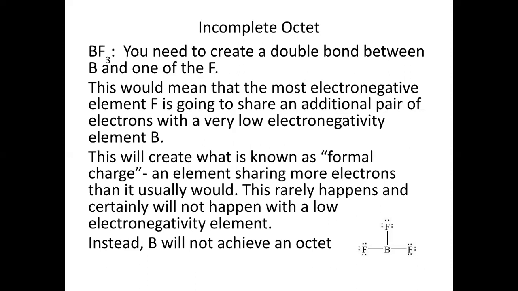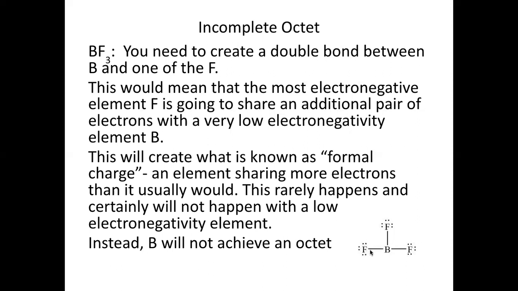This will create what is known as a formal charge, or an element sharing more electrons than it usually would. This rarely happens, and certainly will not happen with a low electronegativity element. So instead, to create this compound, we just accept that boron will not achieve an octet. And that can be seen here in this Lewis dot structure for boron trifluoride below.